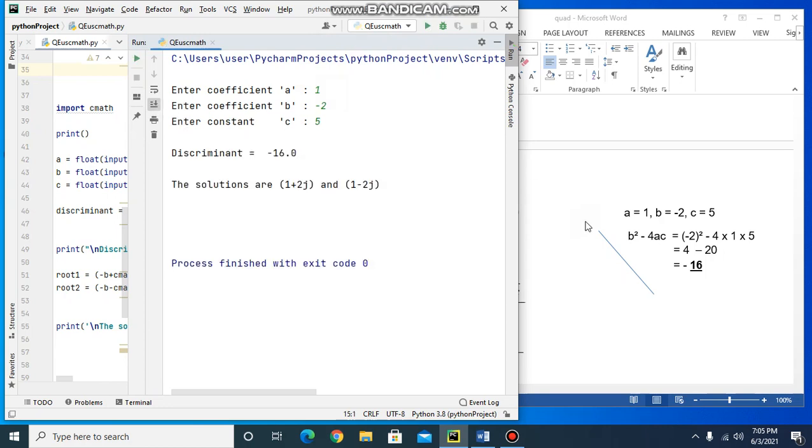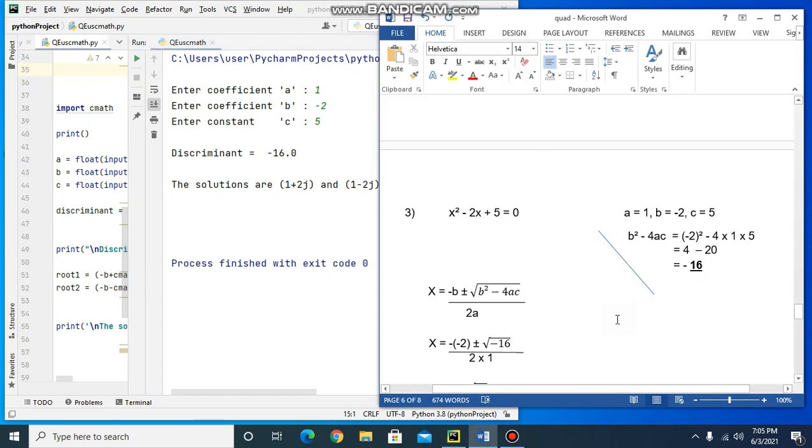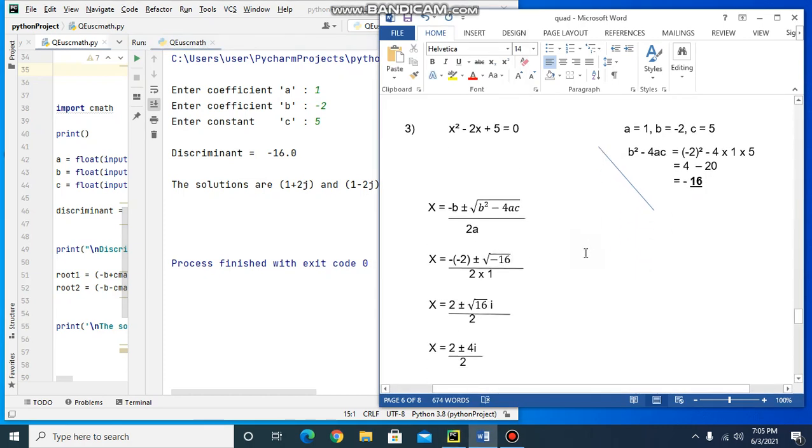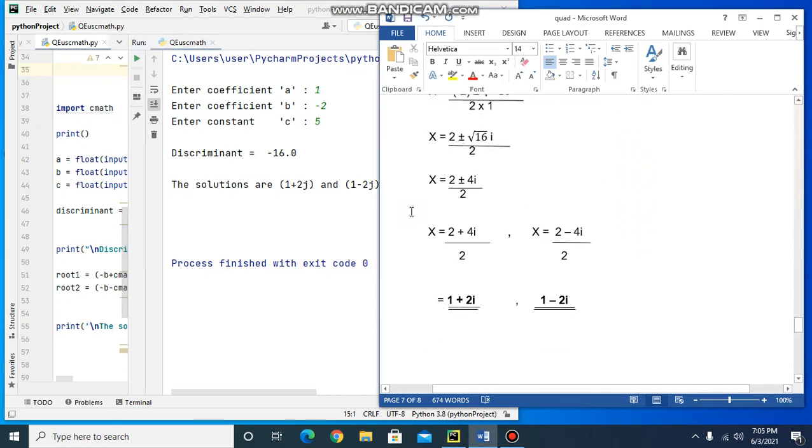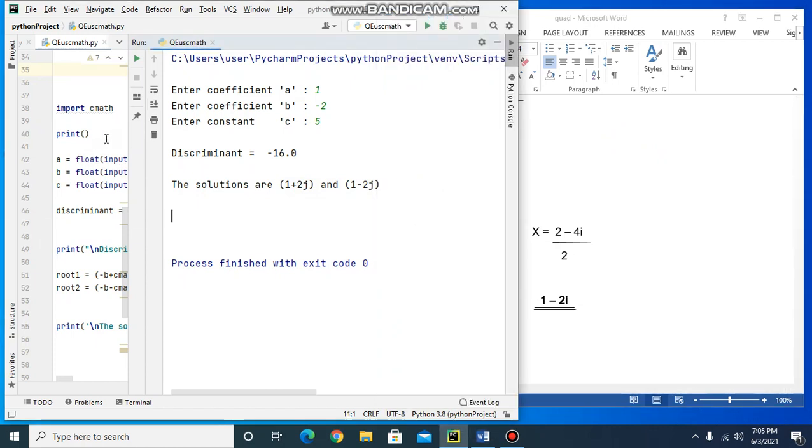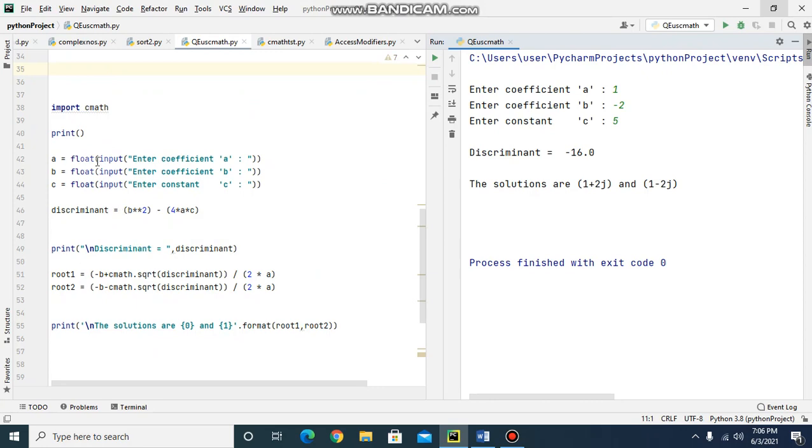So here the discriminant is minus 16 and the roots are 1 plus 2i and 1 minus 2i. Here we are getting 1 plus 2j and 1 minus 2j. So this is how we find the roots of the quadratic equation using the CMath module.